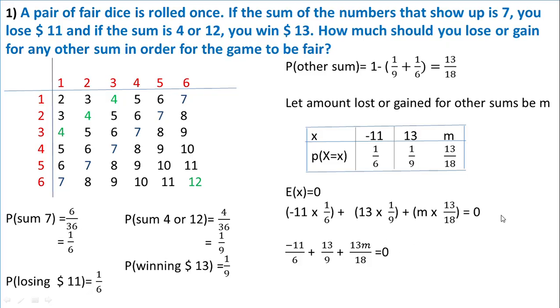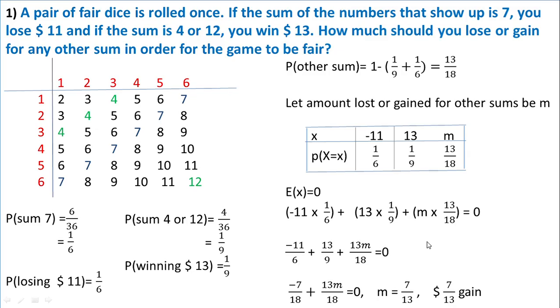We equate it to 0 and we find M. You realize that our M is positive 7 out of 13. So it is a gain. So for any other sum, you gain 7 out of $13. That has been the first one.